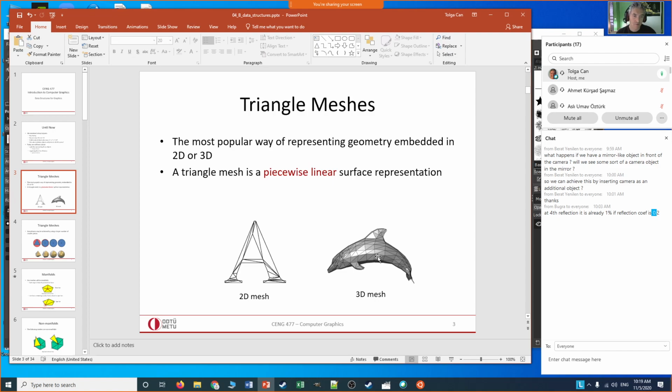So the number of triangles you can render in a second is used to measure the efficiency, the performance of a graphics card. So triangular meshes are really popular.